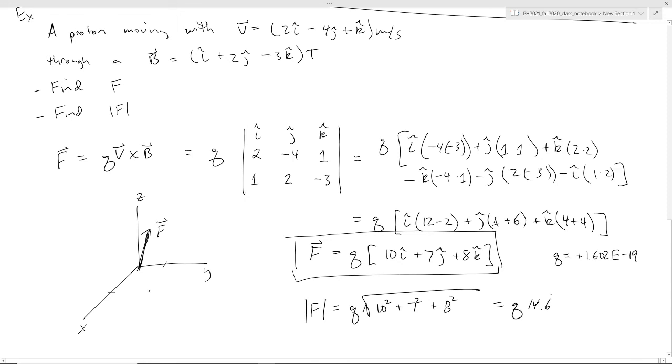If we actually multiply this out, 1.602 times 10 to the minus 19 times 14.6, we would find that this is a ludicrously small number: 2.3 times 10 to the minus 18 newtons. So that's the magnitude of the force.